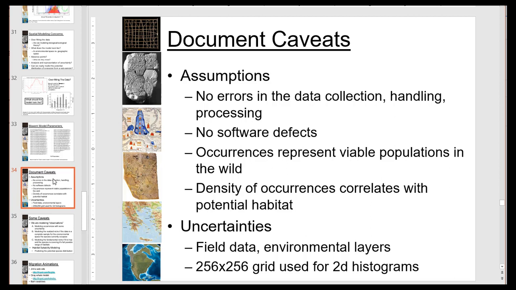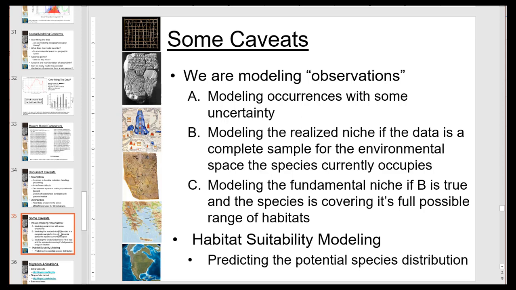That is the key for habitat suitability to work. And it's not always the case because of other issues, especially in human modified areas. Then we have the uncertainties we have in our field and environmental layers. And remember, in HEMI's case, it uses a 256 by 256 grid for the histograms, which means it's going to quantize and have some error from that. And we'll talk more about that.